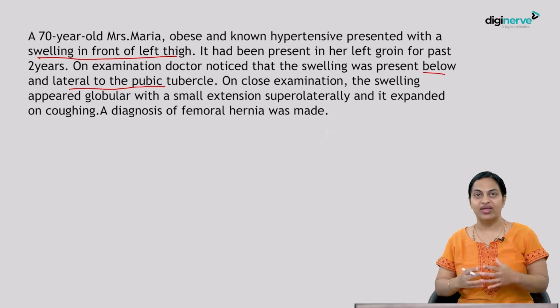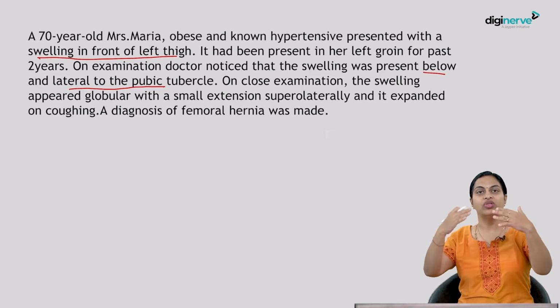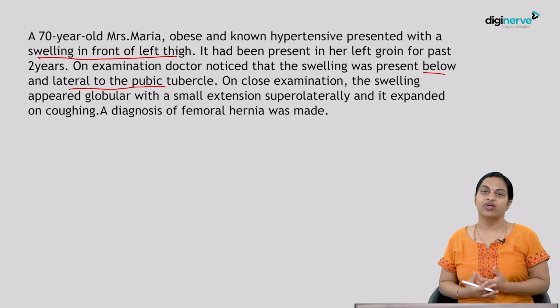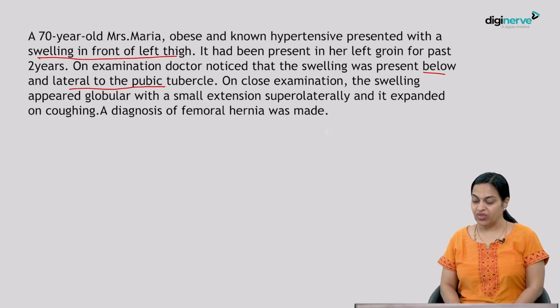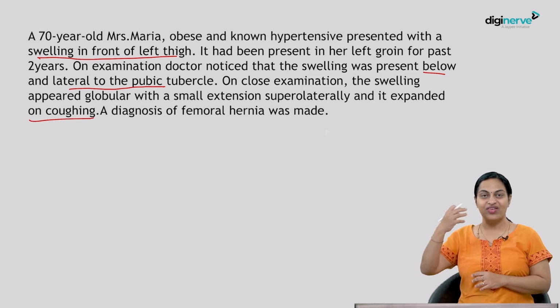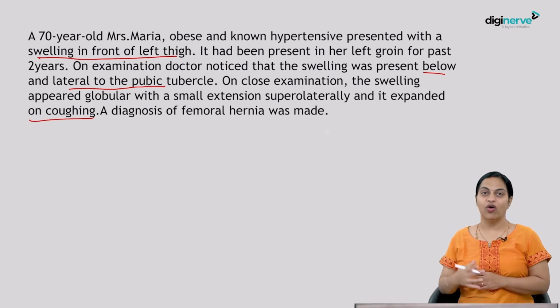If the swelling had been present above the inguinal ligament, above and medial to the pubic tubercle, then it would have been an inguinal hernia. On close examination, the swelling appeared globular with a small extension supralaterally, and it expanded on coughing. So it has some communication with the abdominal cavity.